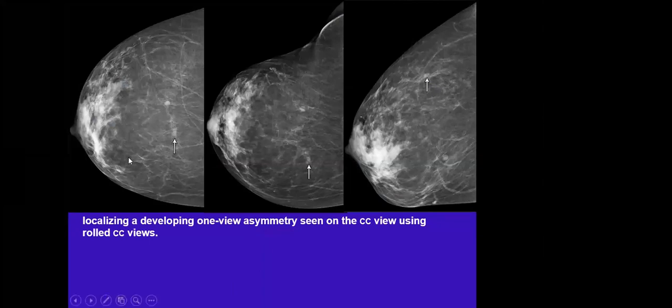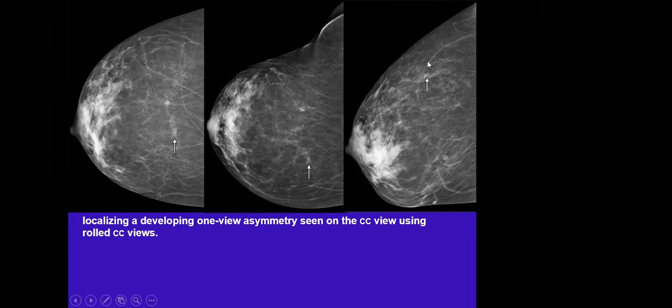This is an example. You have an asymmetry here, central toward the medial aspect of the breast. This was rolled to which side? The breast here is rolled medial. Look here, this breast is pushed toward the medial aspect, and this breast here is pushed toward the lateral aspect.